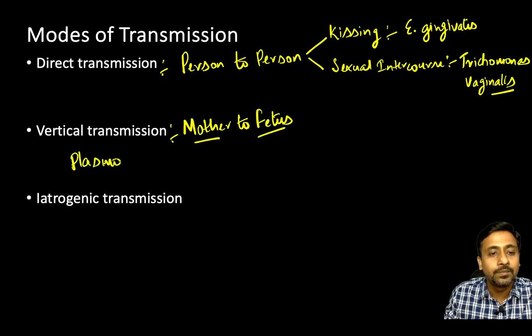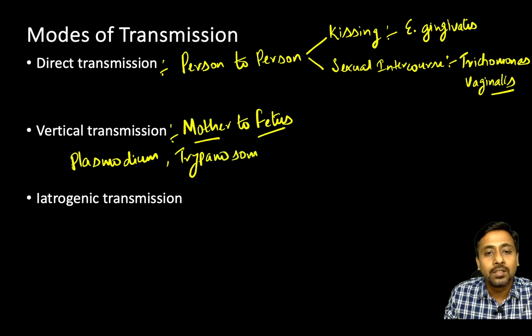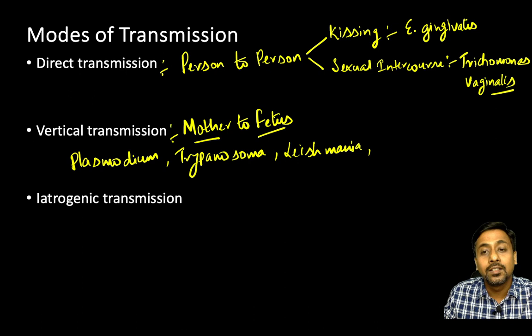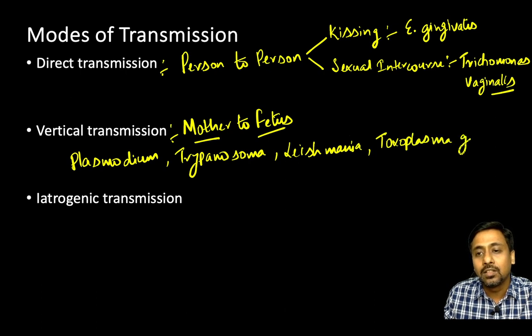The examples are Plasmodium, the hemoflagellates, that is Trypanosoma and Leishmania, and the coccidian parasite Toxoplasma gondii.